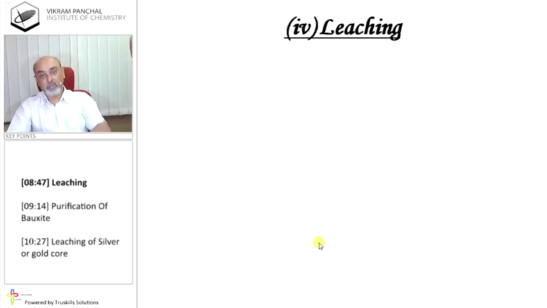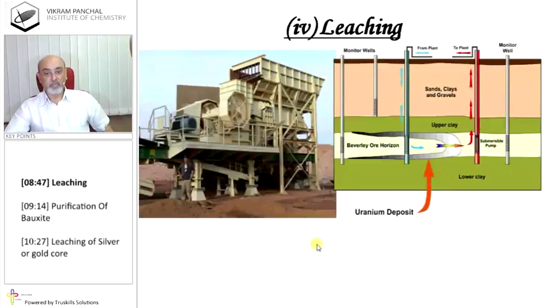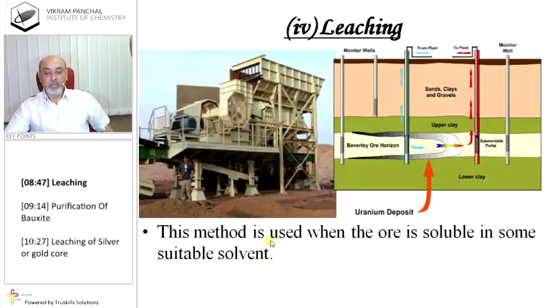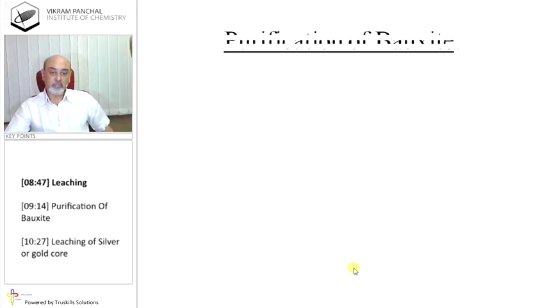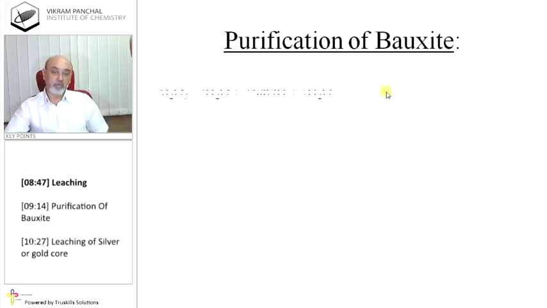Next is the leaching process, which is one of the chemical methods for concentration of ore. This method is used when the ore is soluble in some suitable solvents. For example, purification of bauxite.